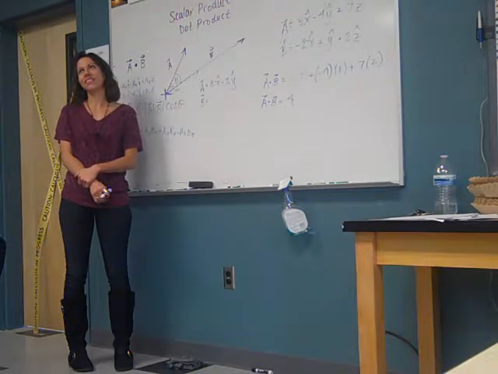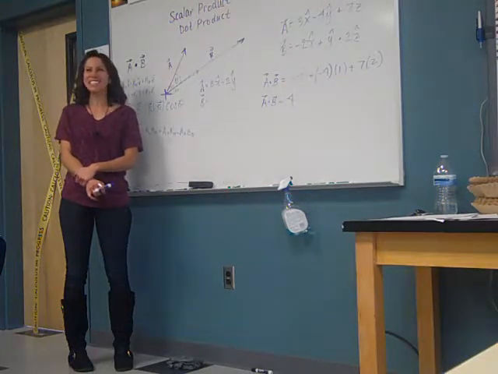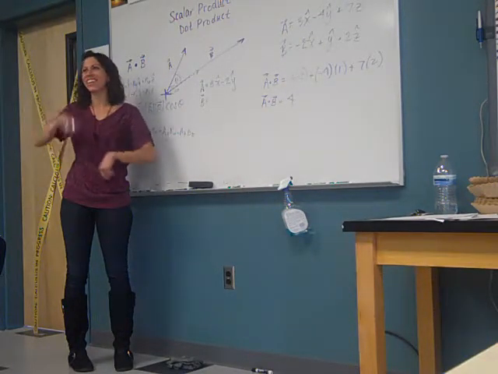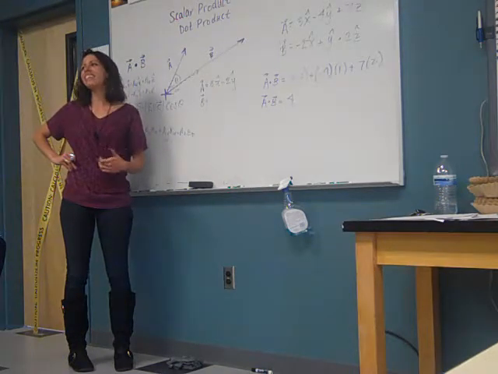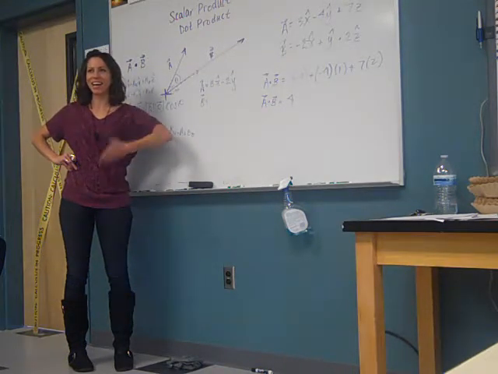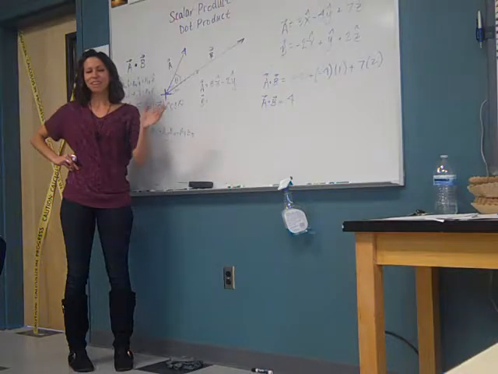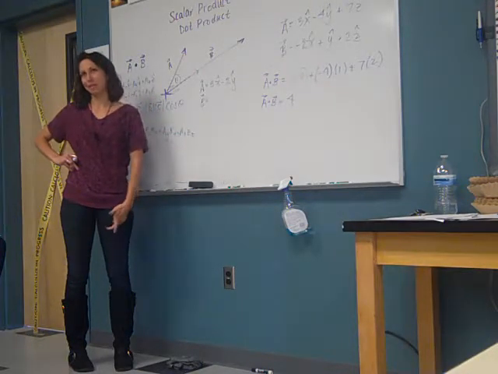No, well, that's not a vector. Okay, see, so there's not just one answer. Yes, z hat is always going to be perpendicular to anything that's in the xy plane. Find me something in the xy plane that's perpendicular.